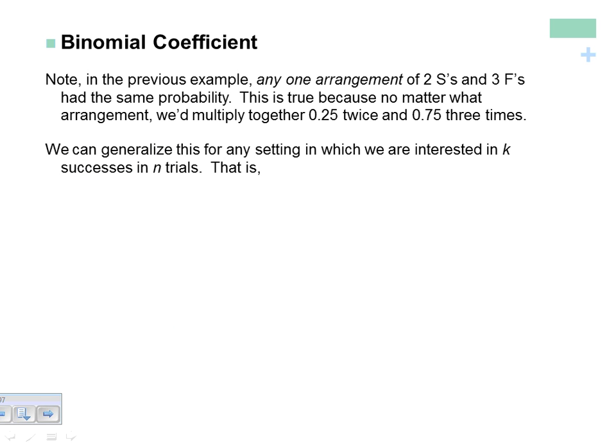Okay, so in the previous example, any one arrangement of 2 successes and 3 failures had the same probability. This is true because of the way that we showed in the multiplication. Multiplication is commutative.